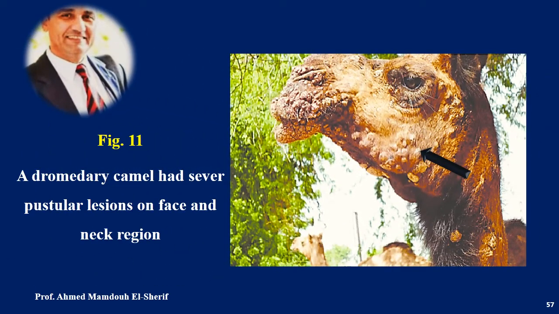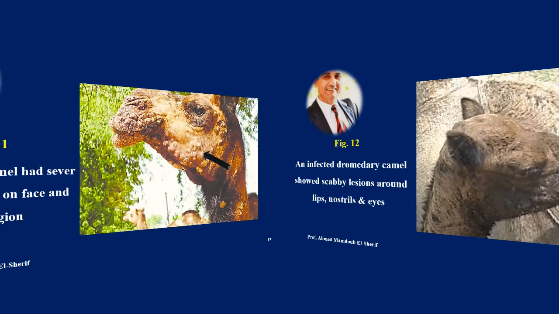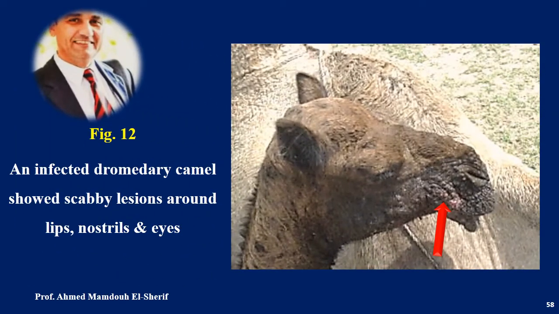Figure number 11 showed a dromedary camel with severe pustular lesions on the face and neck regions. This infected dromedary camel showed scabby lesions around lips, nostrils, and eyes.